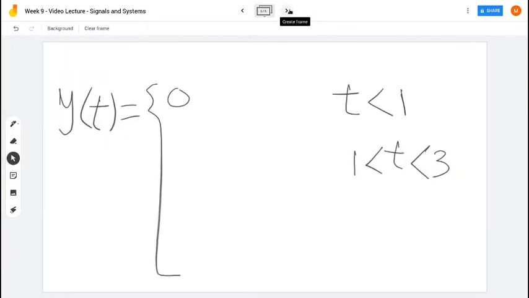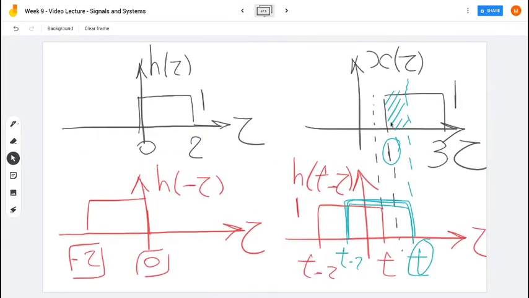So I can write integration from 1 up to t of 1 times d tau. Please note that this pulse has a width of 2, and this pulse is also having a width of 2. So the condition t larger than 1 and less than 3 is equivalent to having t minus 2 less than 1.